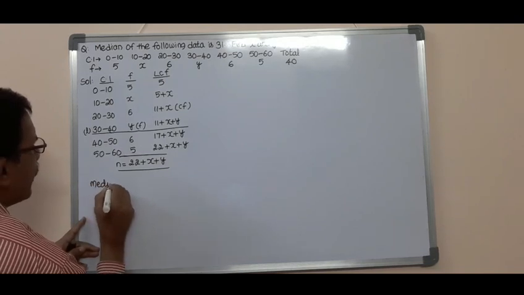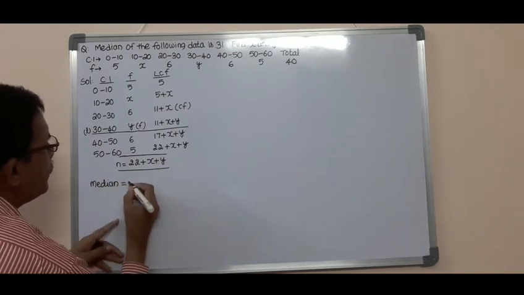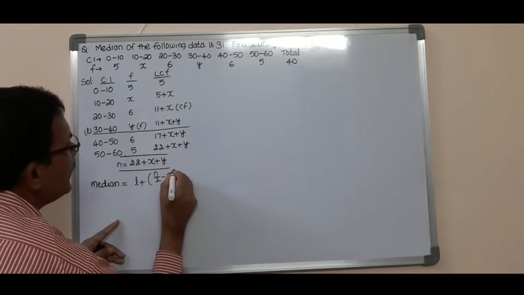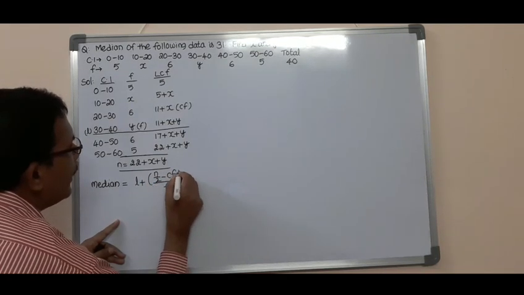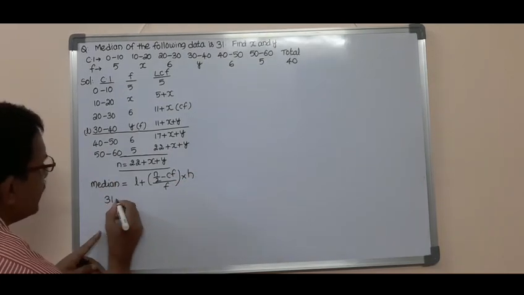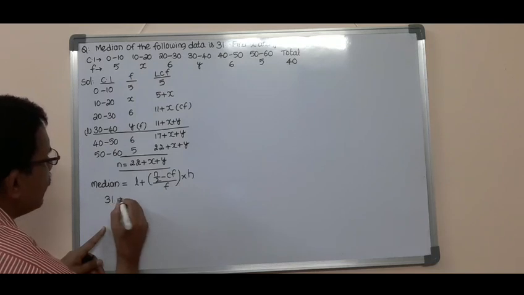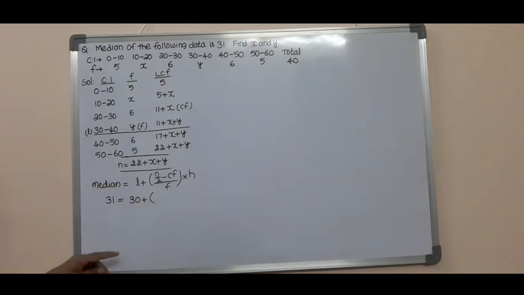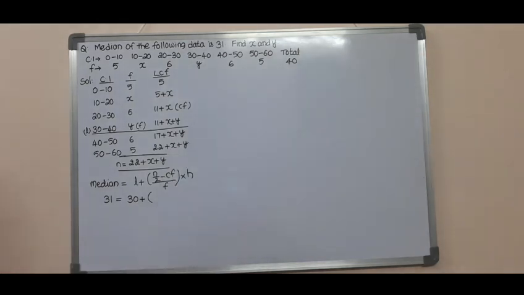Median is equal to L plus n by 2 minus CF by F into h. Here median is given 31. 31 is equal to L, 30, plus n by 2. Total frequency is given 40.